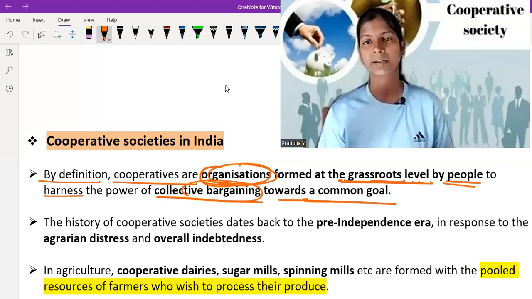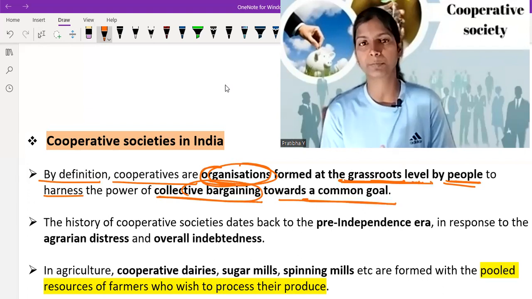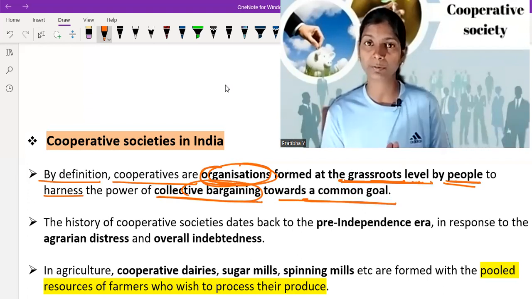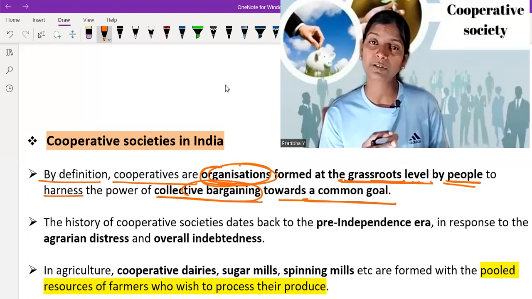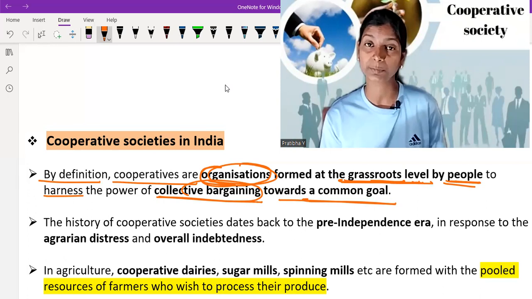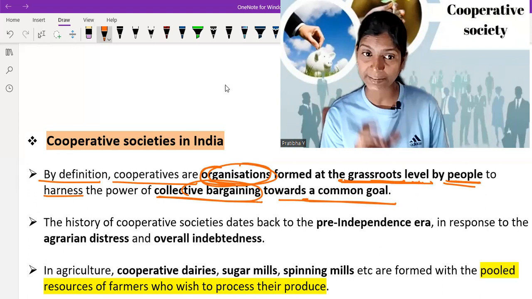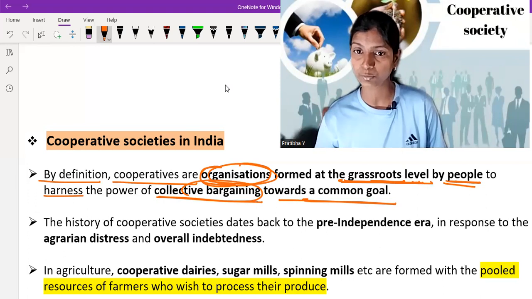If people are segregated, they do not have bargaining power. But if 10 to 20 people come together, they have strong bargaining power. So the purpose of a cooperative society is this: people come together so that they have strong collective bargaining power towards a common goal, and these organizations are formed at the grassroots level.